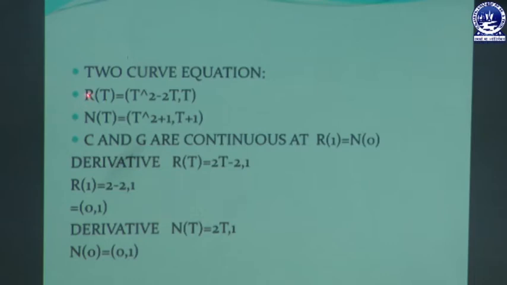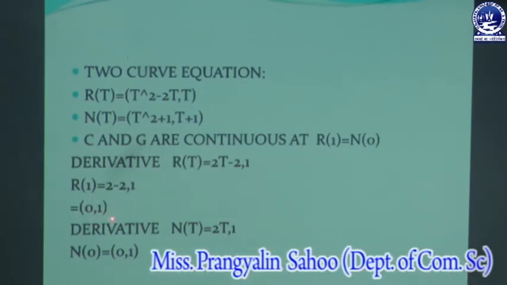First we find the first derivatives of the given r(t) and n(t) equations. Here r(t) is t² - 2t, then t. The derivative of t² is 2t, minus 2, and the second value is 1, as the coefficient is 1. Then we check the value at t = 1, giving the pixel point (0, 1).